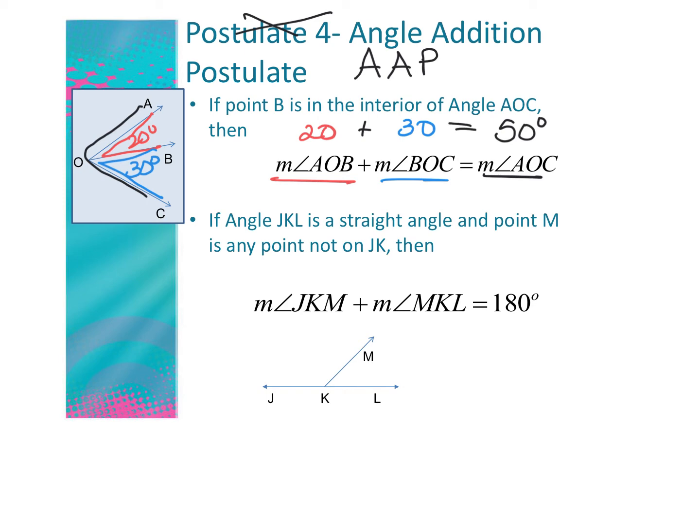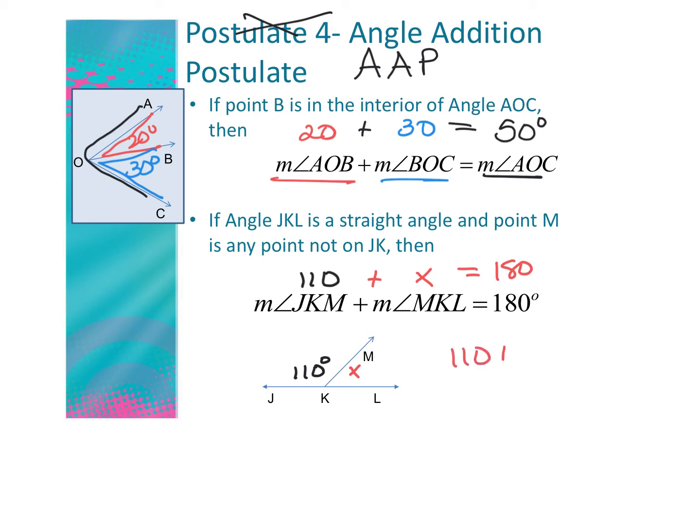So if I use my angle addition postulate, let's say I only gave you one. Let's say I told you that JKM was 110, and I ask you to find the measurement of MKL. So here's how we could set up an equation to figure out that missing angle.